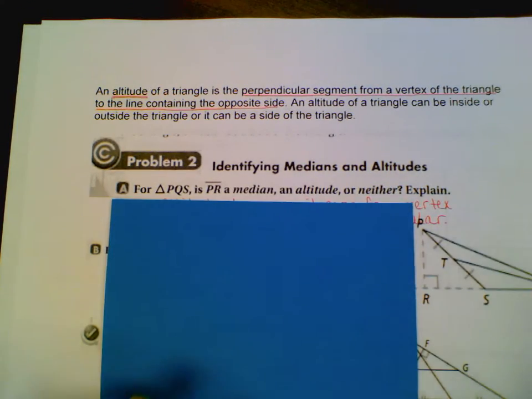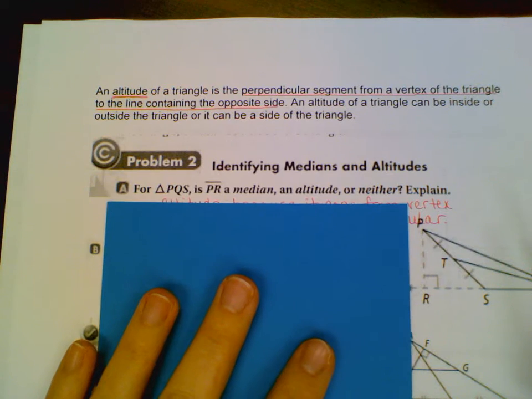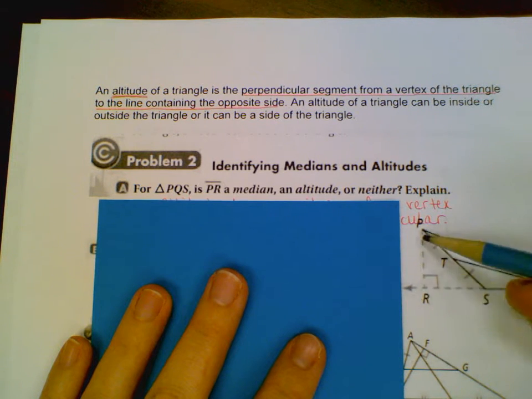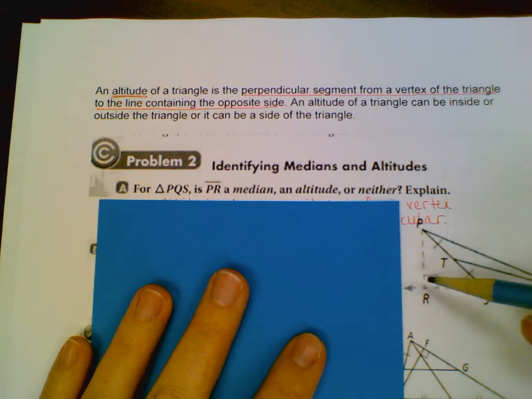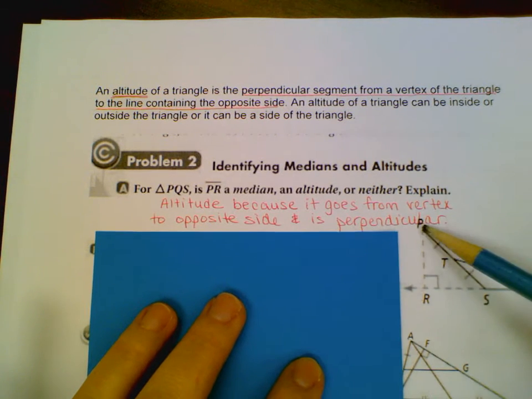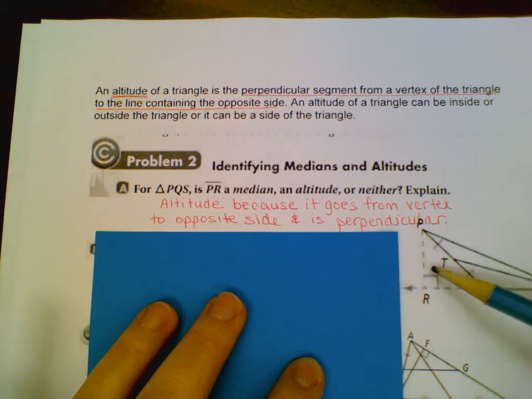These next questions are just practicing vocab. In this triangle, it wants me to identify what PR is. Is it a median, an altitude, or neither? When I look at PR, I see this right angle, so that tells me it's perpendicular. That automatically tells me it has to be an altitude because it goes from the vertex to the opposite side and it's showing it's perpendicular.